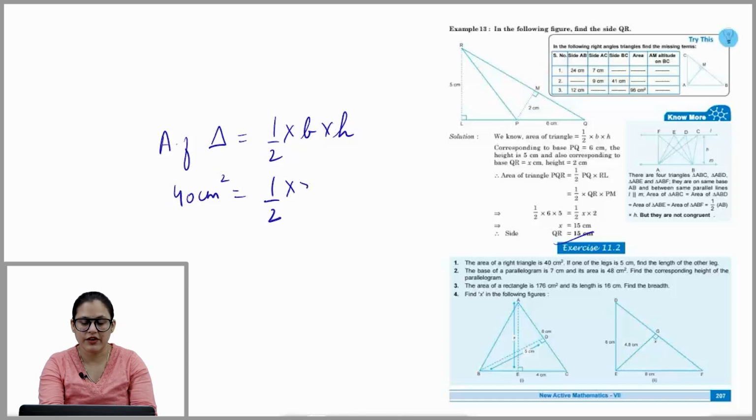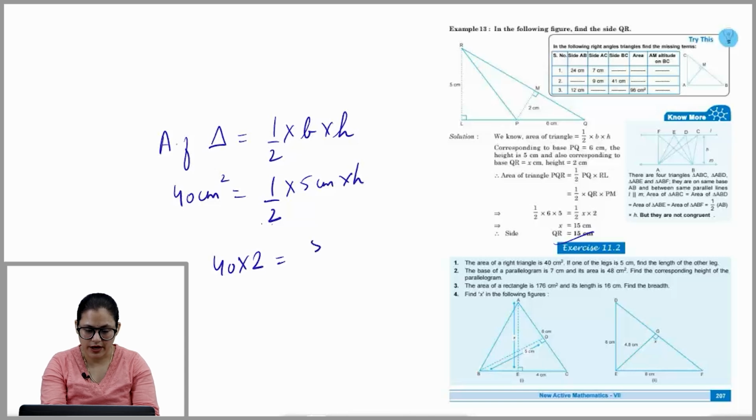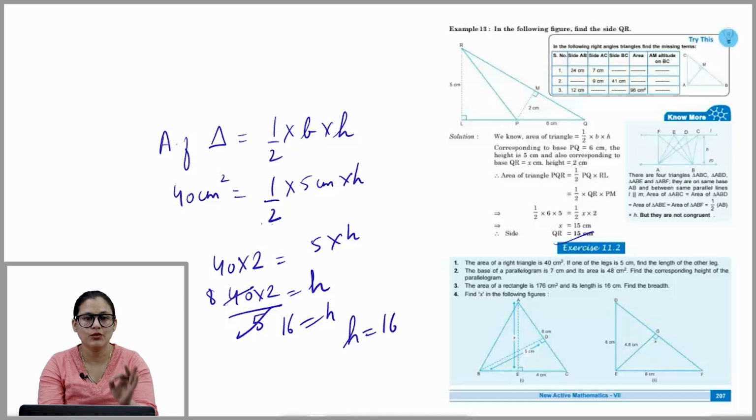Base is given, 5 centimeter. Height is not given. So first we will transpose it to the side. 40 into 2 is equals to 5 into height. Now 40 into 2 by 5 is equals to height, right? That means height is equals to 16 centimeter, or you can say altitude, right?